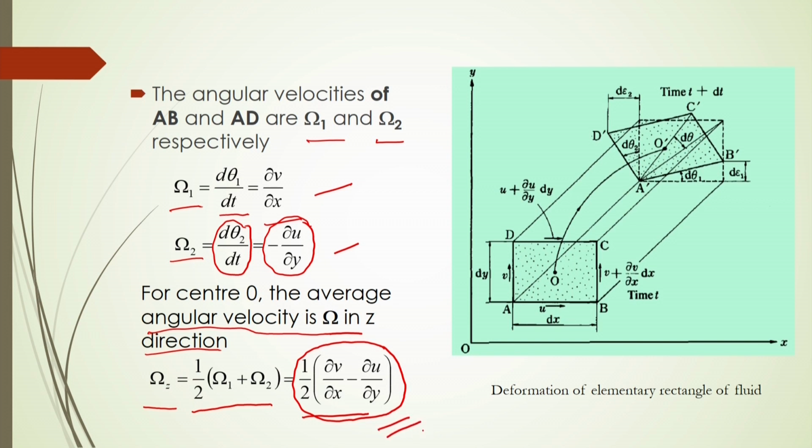You have to remember how to calculate this if you are deforming any face of this fluid element with deformation angles d theta 1 and d theta 2, for which the angular velocities are omega 1 and omega 2. Then you can represent the average angular velocity by averaging these two angular velocities.